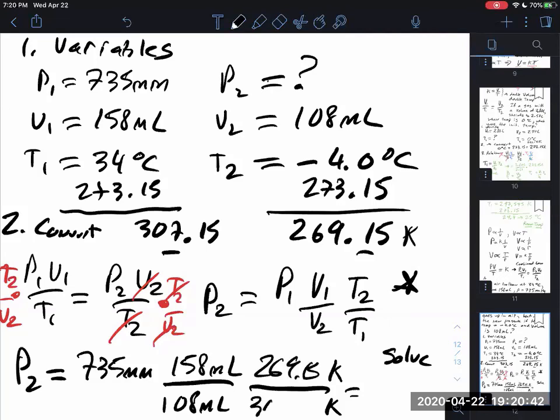And this should be the 307. The temperature went down. That caused the pressure to go down. But the volume shrinking is actually probably going to have a bigger effect. And I'm going to be stuck with 3 sig figs, 942 millimeters of mercury would be my final answer.